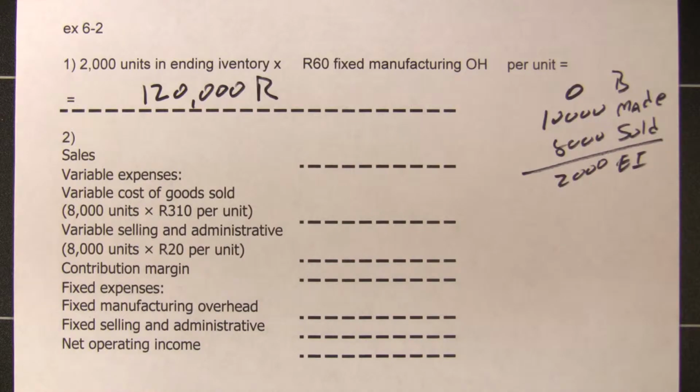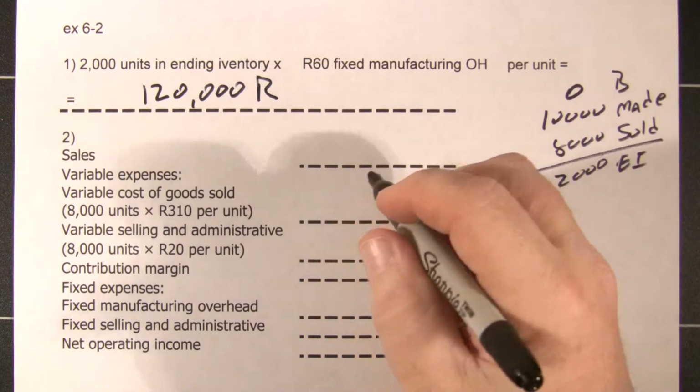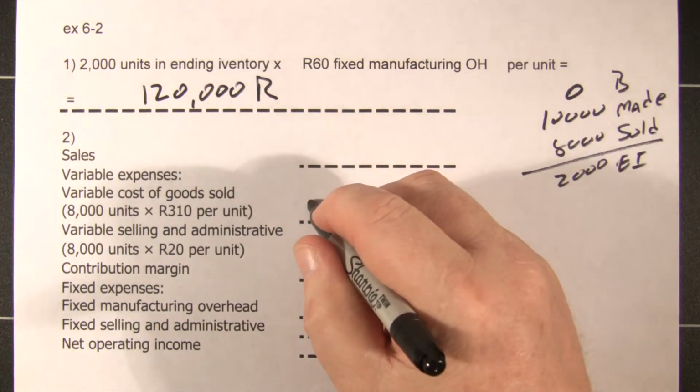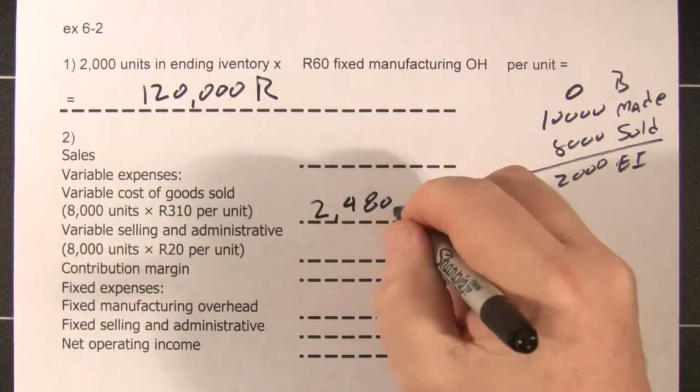Well, they tell us that we sold 8,000 units at $3.10 per unit, okay? So 8,000 times 310 is 2,480,000 rupee.